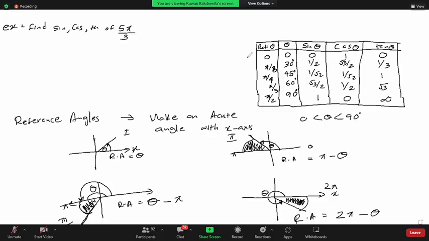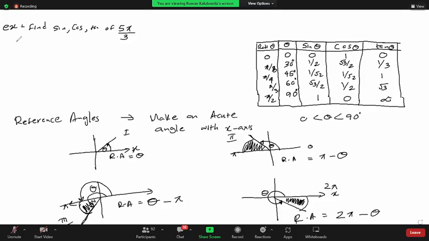So in this table, you have this, right? Up to 0 to 2π, but this value is 5π over 3. 5π over 3 means it should be in... let's check.